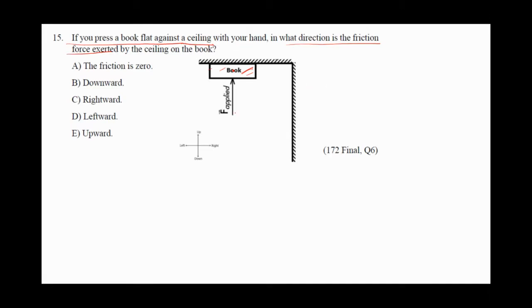So here you press with an external force F. What are the other forces? I have the weight of the object, mass times gravity. What else? I have a normal force or normal reaction perpendicular to the ceiling. I will call it N.